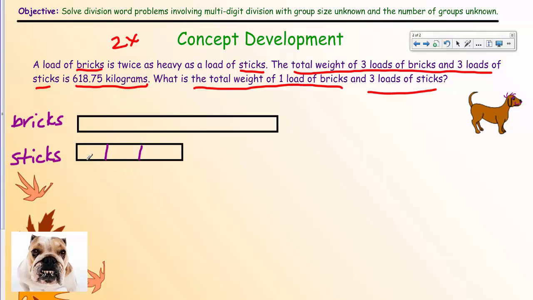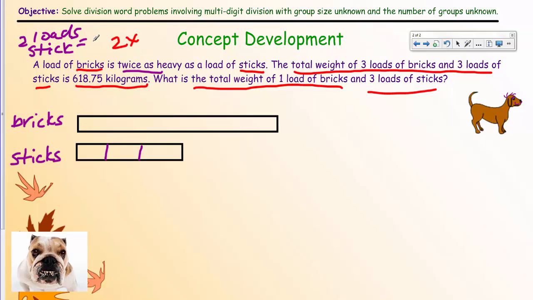For every 1 load of bricks, you actually have 2 loads of sticks that equal that. What I'm trying to say is, if 1 load of bricks is twice as heavy, then you would need 2 loads of sticks to equal 1 load of bricks. Does that make sense?